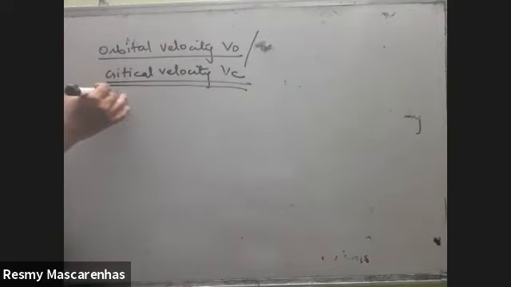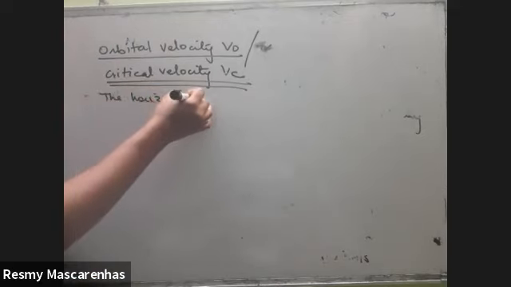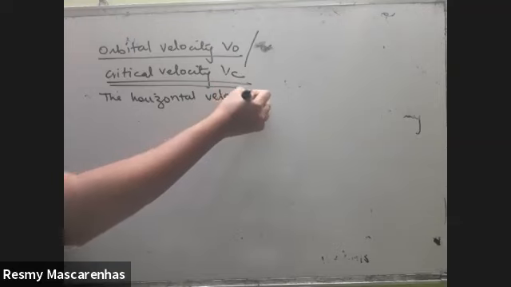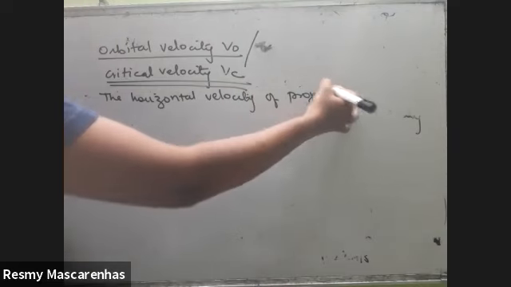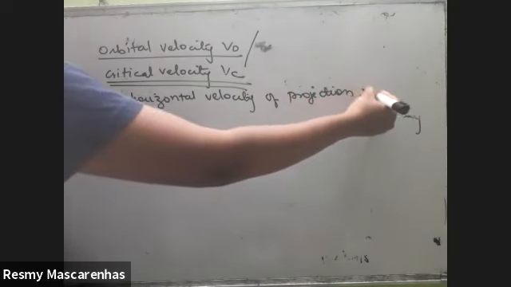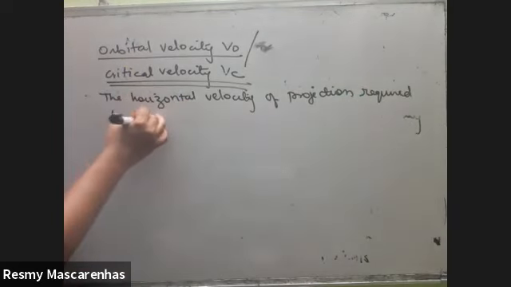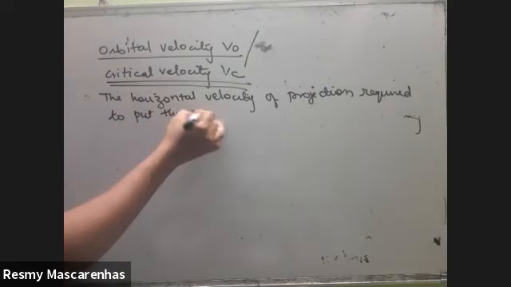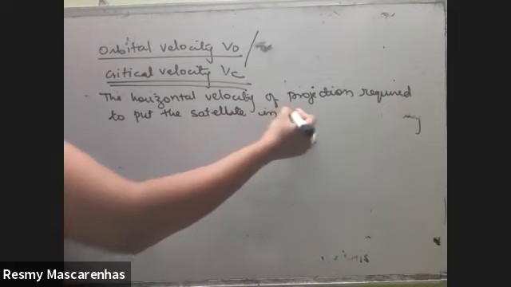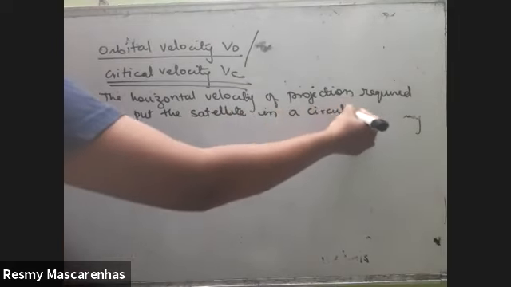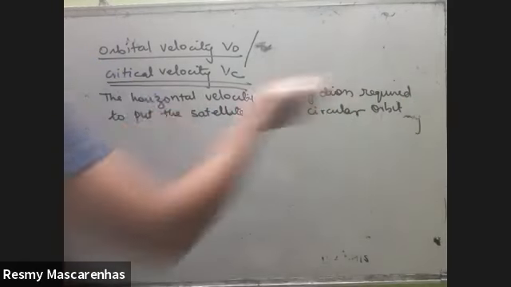So it is nothing but the horizontal velocity of projection, meaning of that rocket, whichever is being projected, required to put the satellite in the circular orbit around the Earth.